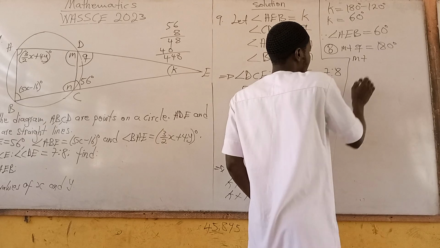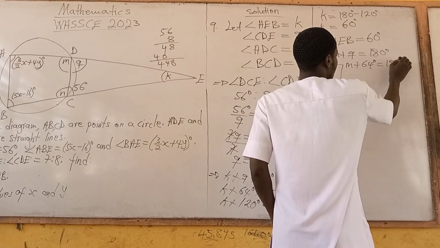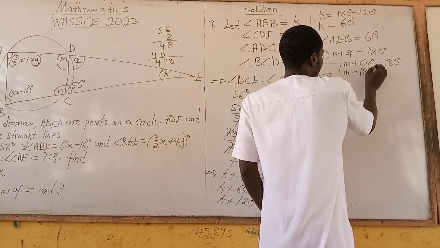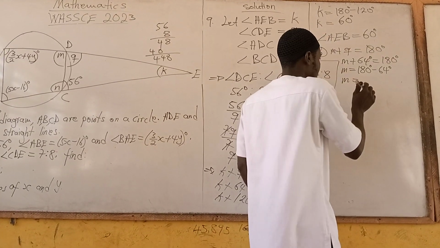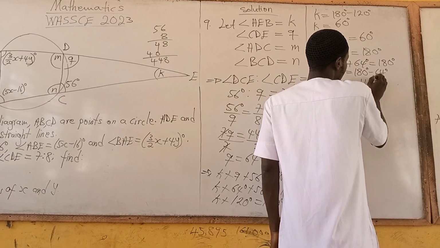M plus 64 degrees is equal to 180 degrees. So M is equal to 180 degrees minus 64 degrees, which is 116 degrees.